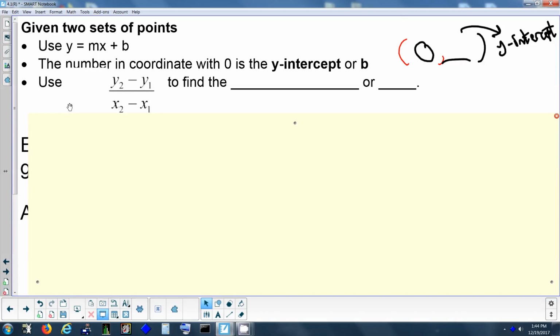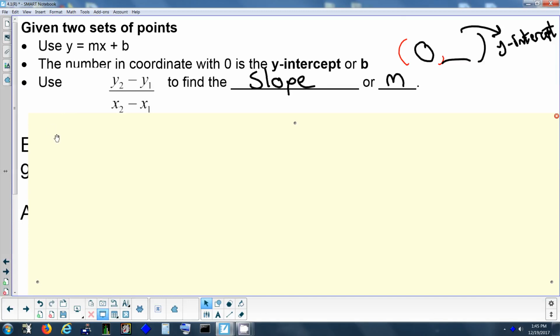The slope. Good. What letter represents slope in the formula? M. Perfect. So in the blanks where it says use, you'll write this. First blank, slope. After or, you're going to write in the letter M. Everybody with me? We're okay.